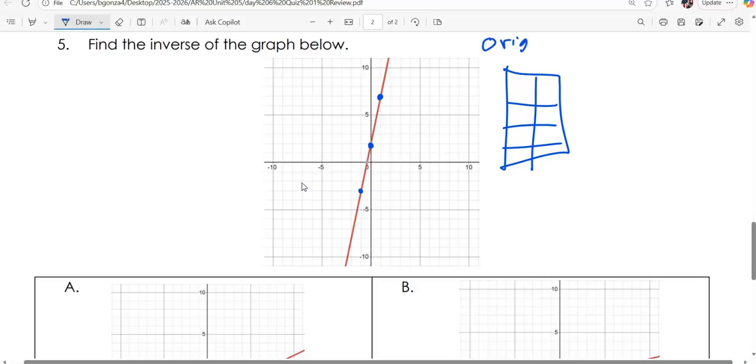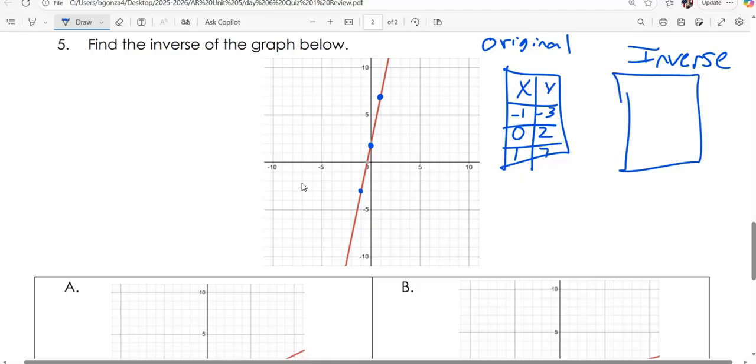My original x and y, negative 1, 0, 1, negative 3, 2, and 7. So the inverse, I'm going to switch x and y. So now it's negative 3, negative 1, 2, 0, 7, 1.